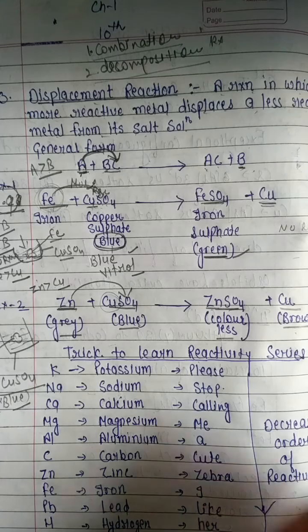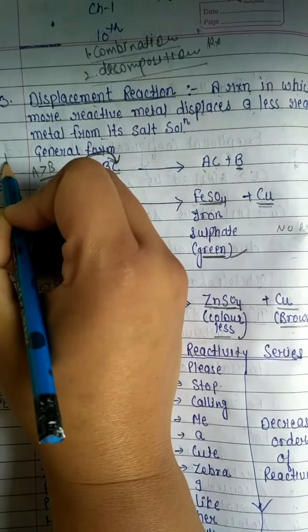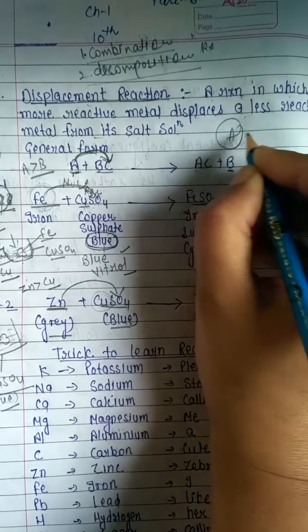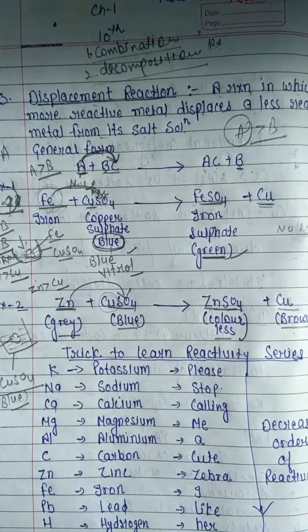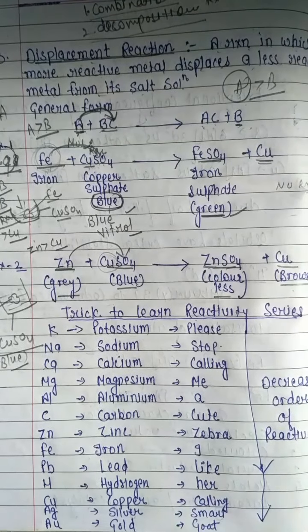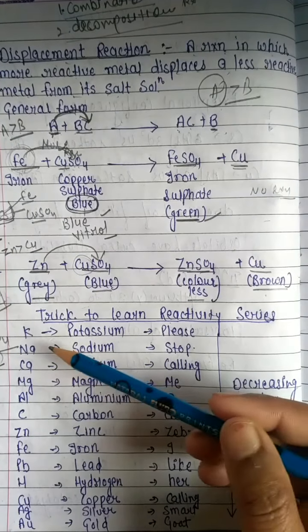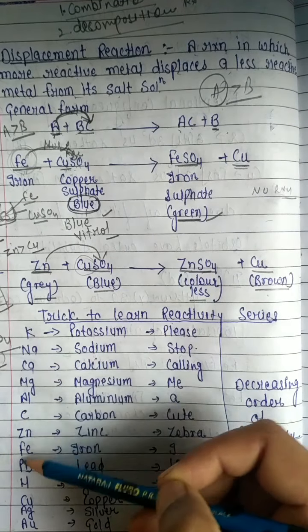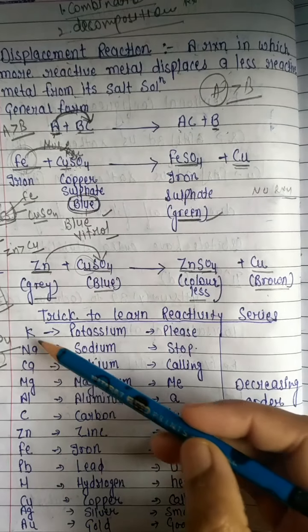Now, how can we identify whether metal A is more active than B? How can we remember? Is there a trick to learn the reactivity? Mostly the examples will be taken from these metals in the syllabus.